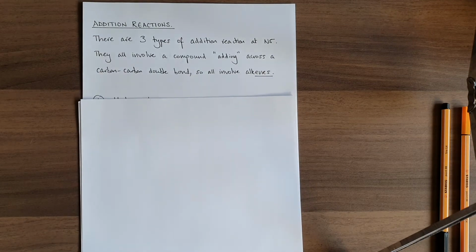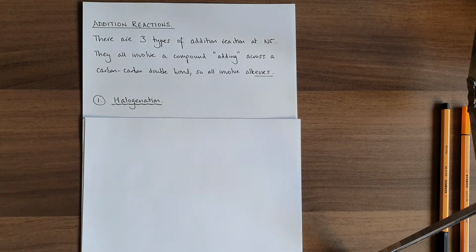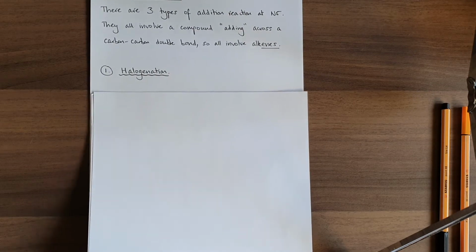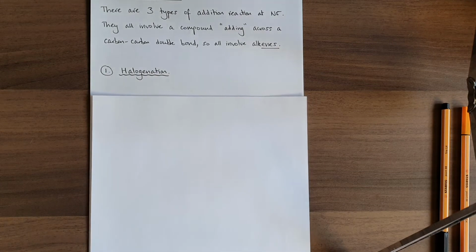So if we look at the first type, it should be very familiar to us because it's the one that we've already looked at. It's the bromine type addition reaction, and it involves any of the halogens. So bromine could be an option, or we could also look at fluorine or chlorine or iodine or the other halogens.